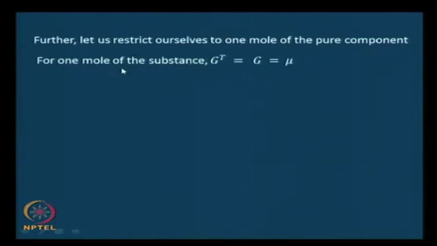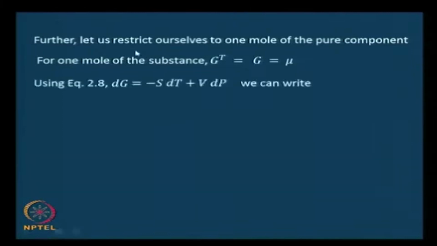For 1 mole of the pure substance, Gt, which is the Gibbs free energy of the closed system, would become equal to the molar value G, and from the definition ∂Gt/∂Ni being equal to mu, you can actually say that this is equal to mu under the conditions that we are considering.